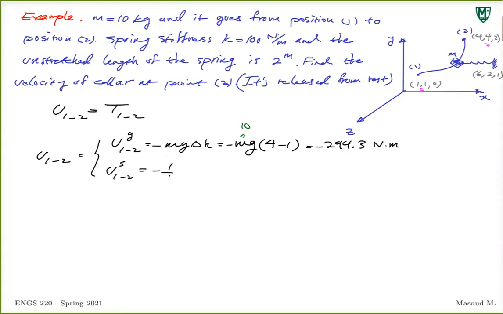Let's figure out the spring. 1/2 k (S2 squared minus S1 squared). Now, what are S1 and S2 here? What is S1 and what is S2? This is where we are at the beginning of the motion, and this is where we are at the end.